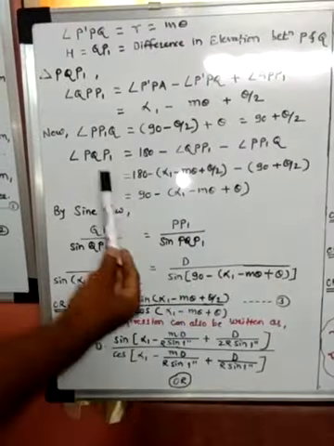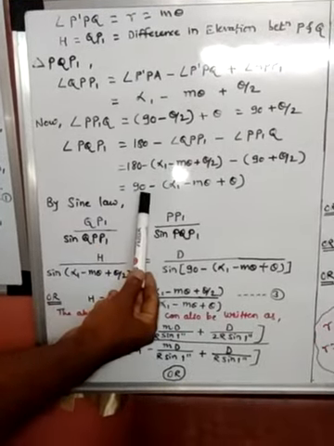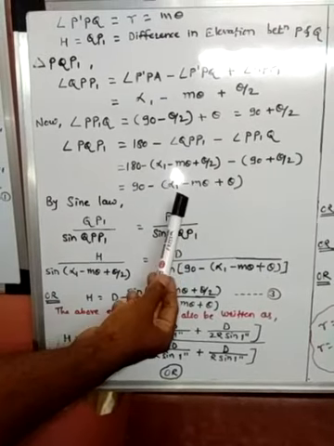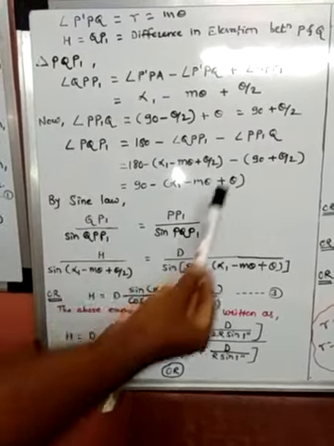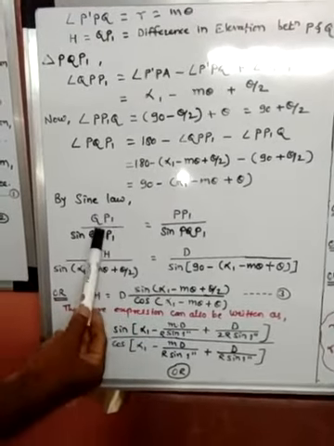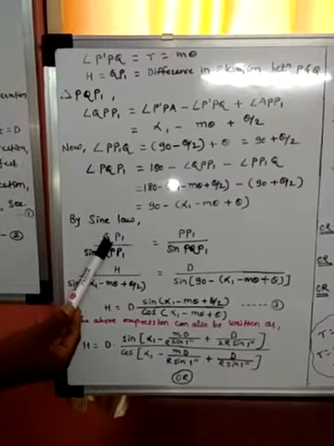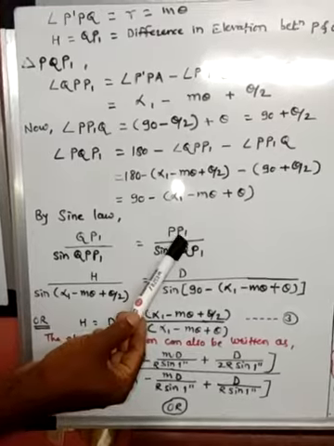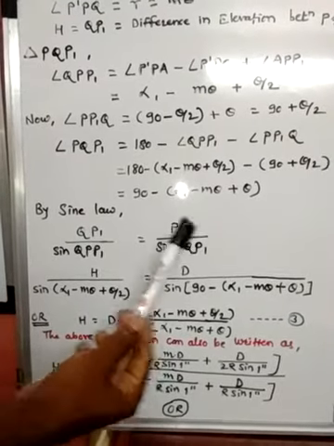So PQP1 will be 90 minus bracket alpha 1 minus m theta plus theta. Then from these angles, by the sine law we can write QP1 divided by sine of QPP1 equals PP1 divided by sine of PQP1.